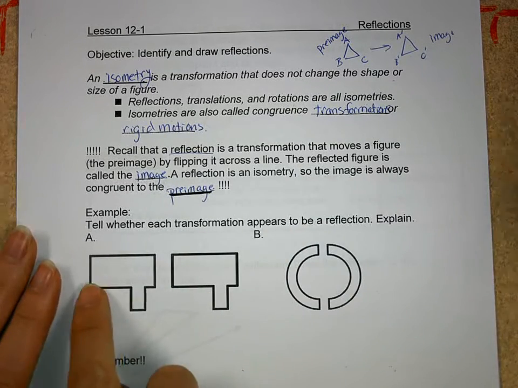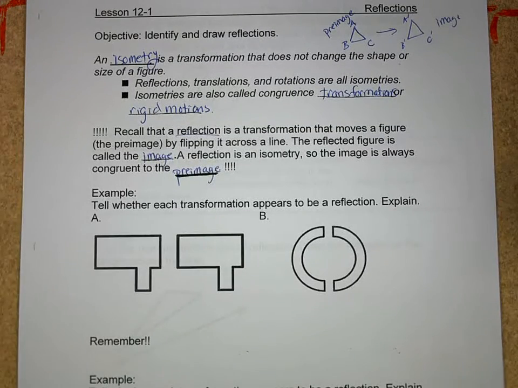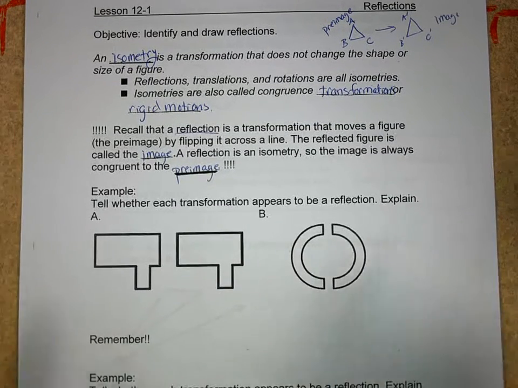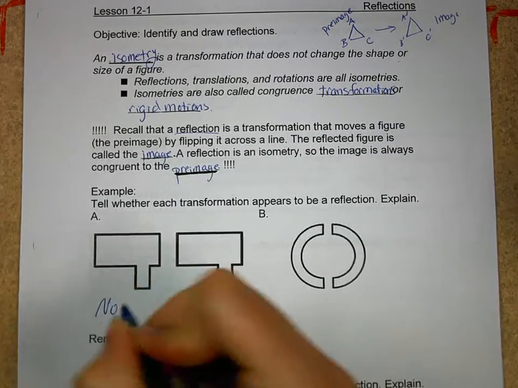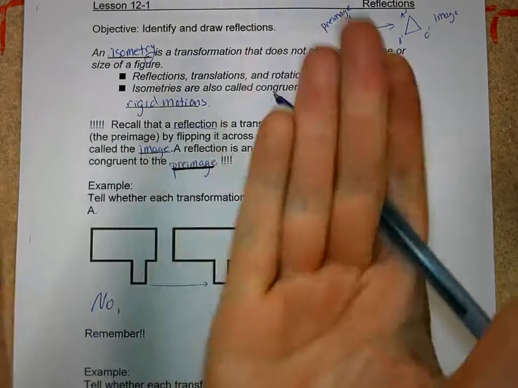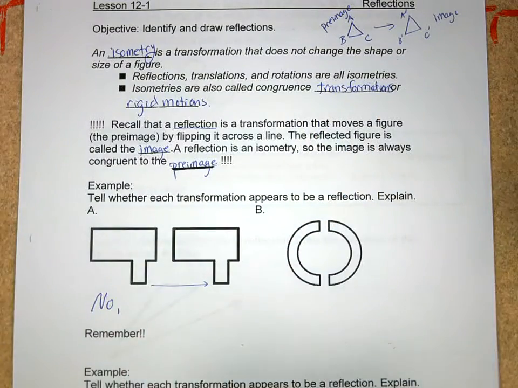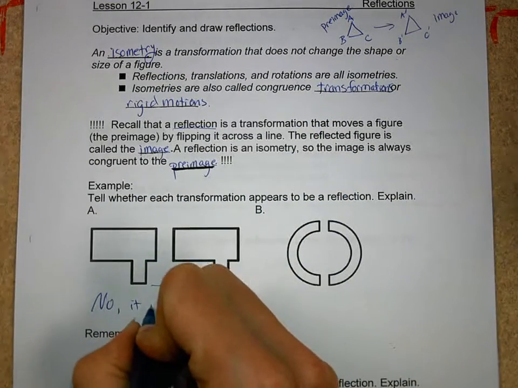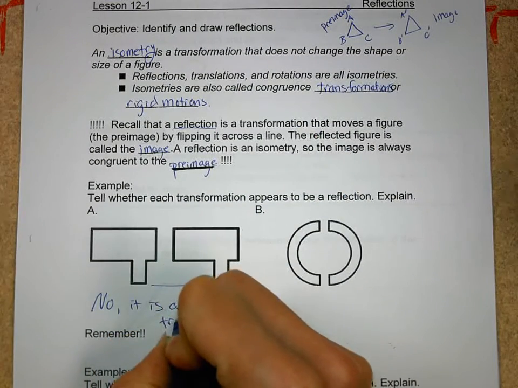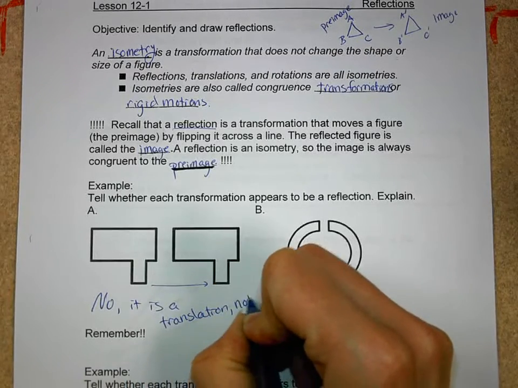So on this first one, is this going to be a reflection? And it says we're supposed to explain. So guys, you have to use words to explain why this doesn't work. So no, it's not a reflection because look at it, it just moves. It didn't flip over the line. So no, it is a translation, or it appears to be a translation, not flipped.